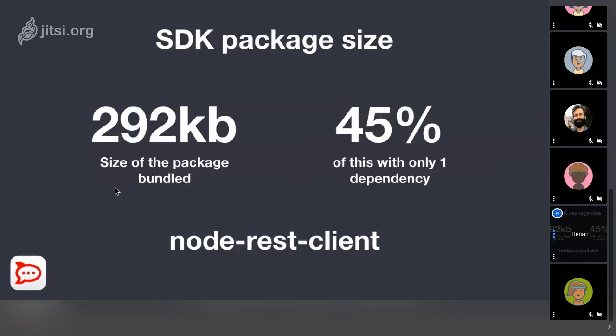Searching in lots of tools like Bundlephobia and others on the internet, I found that 45% of the bundle was composed by the Node.js client. That is a dependency of the bot SDK that's used to make API calls. So we can reduce a big part of the size if we just remove this dependency.